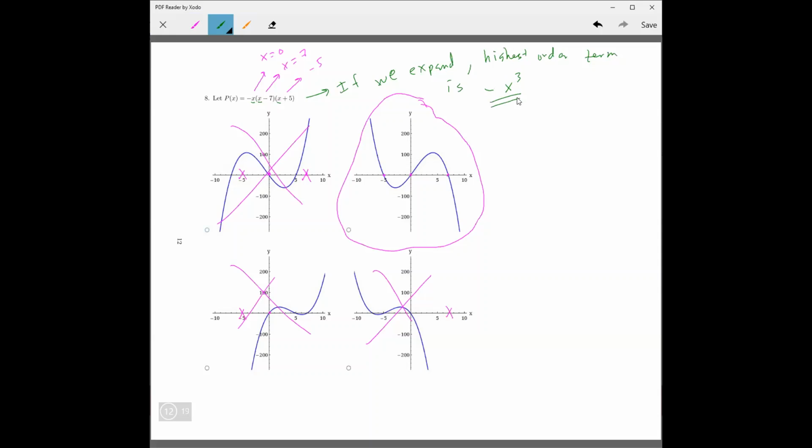As x goes to infinity, negative x cubed goes to negative infinity. So as you go to the right, it's going to be falling. For the left, as x goes to negative infinity, you can think of it as a negative and then negative infinity to the third. That's 4 negatives, and that makes a positive infinity. So it'll be rising as you go to the left.